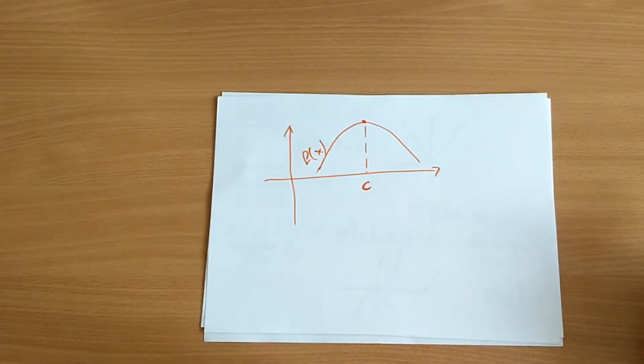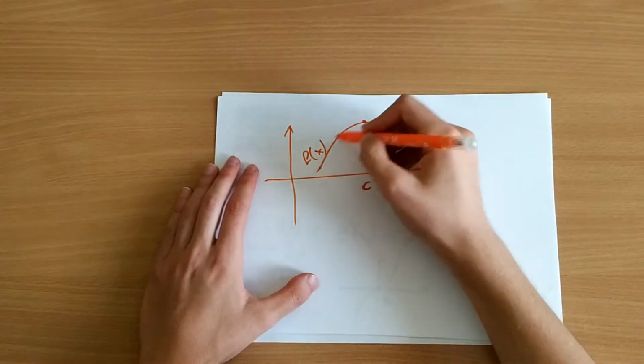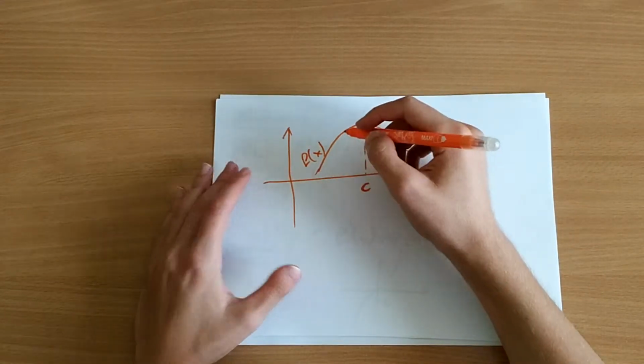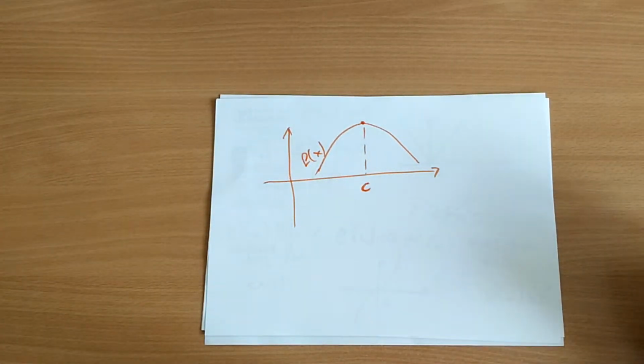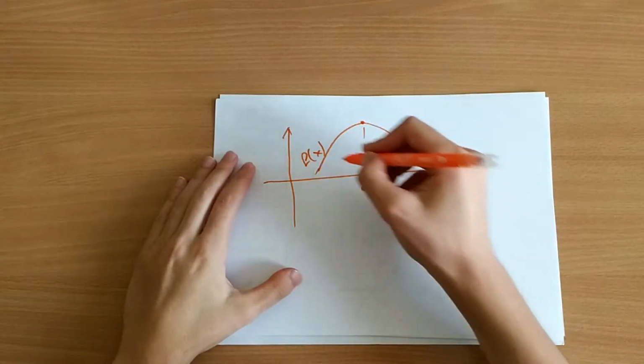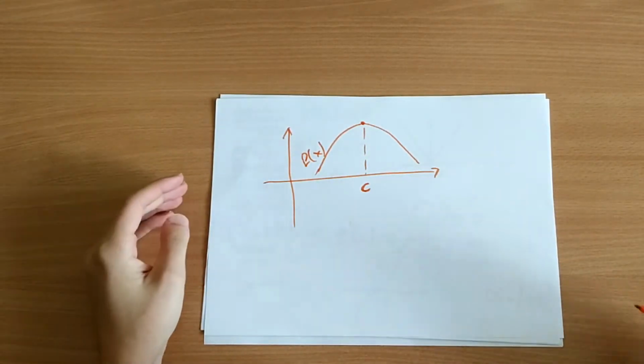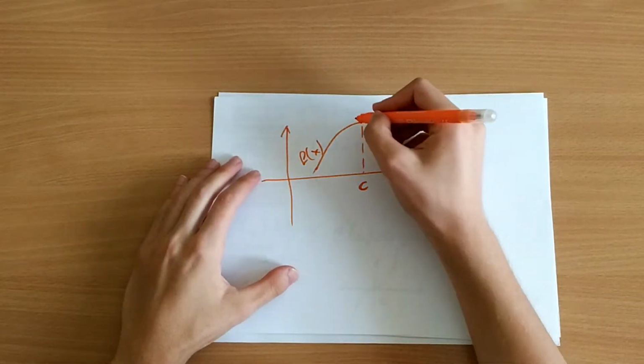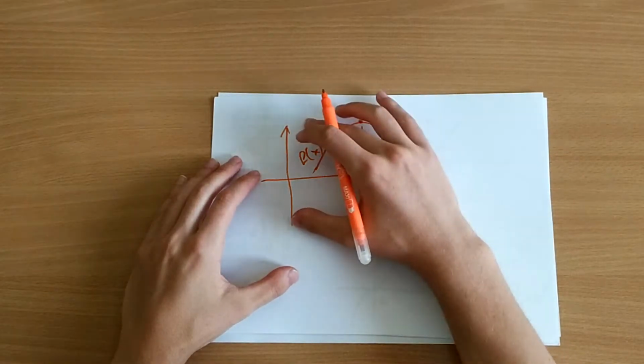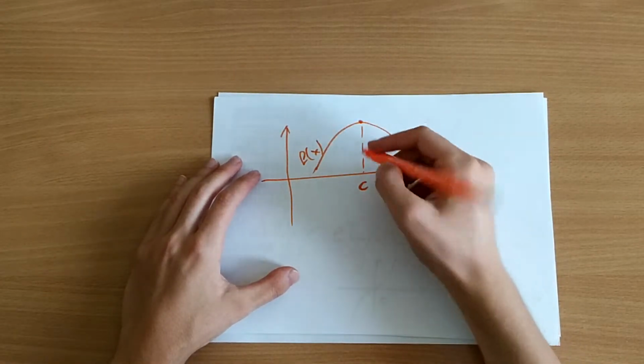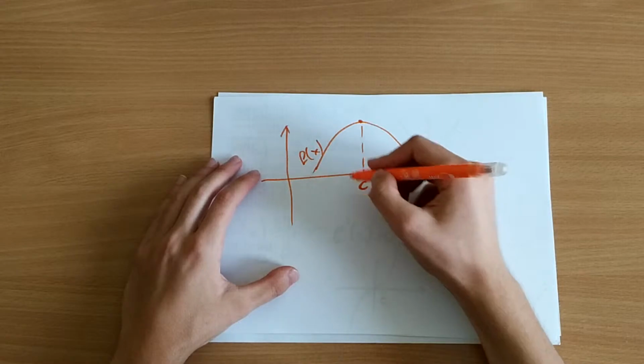But what can we notice now? On the left side we can see that the slope of the function is positive, which means that the derivative of the function on the left side of the point c is positive.